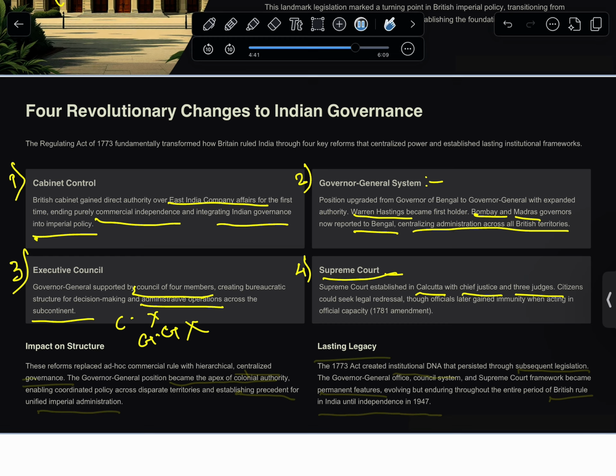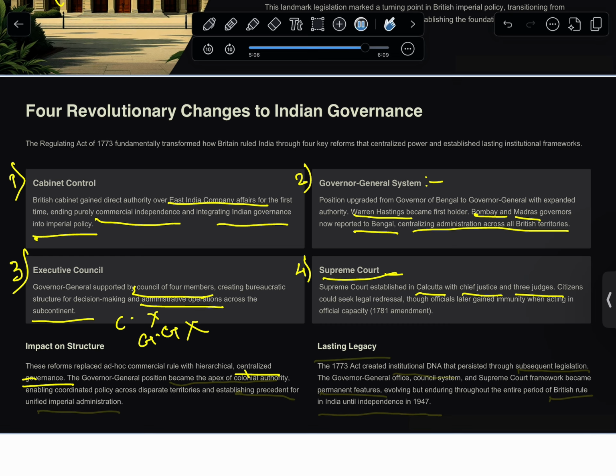That's all. On the basis of these revolutionary changes, Indian governance was hugely impacted, which resulted in the centralization of governance. That is, the power was given to one and then delegated towards its subparts.